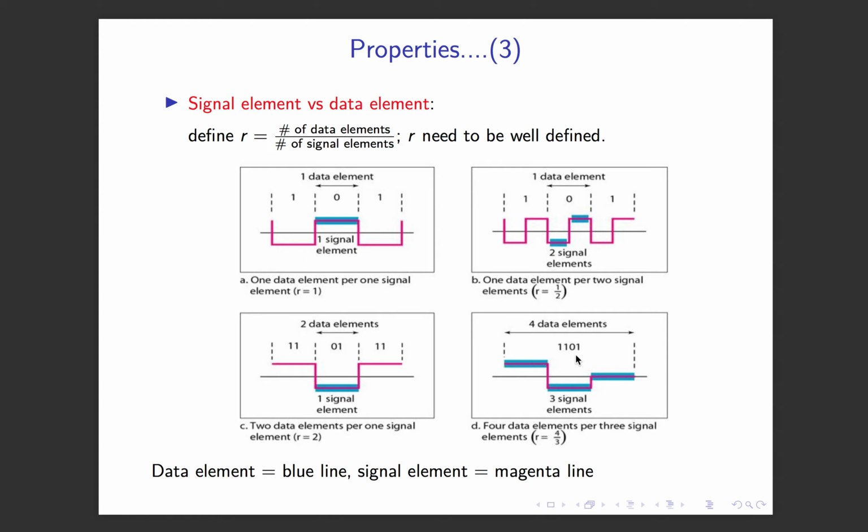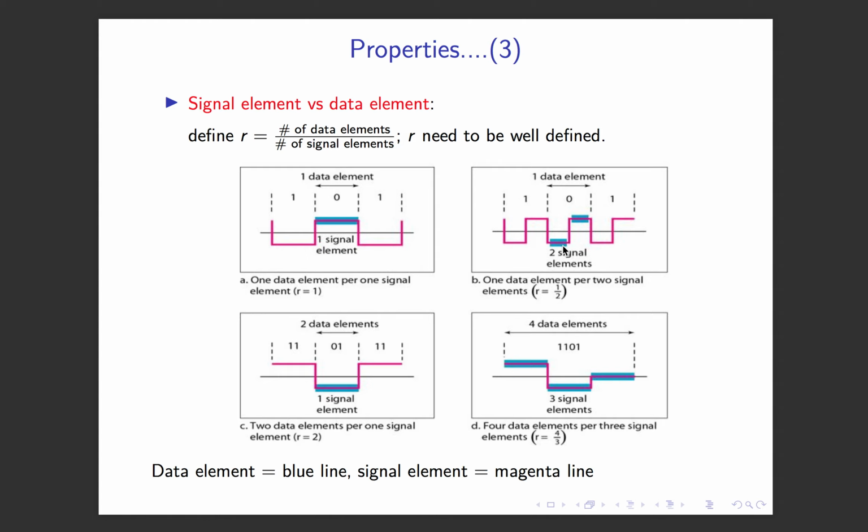So here is the question: how can we read this entire thing? If there is any problem with synchronization, say I'm sending one data element with two signal elements and it's translated into one data element per one signal element, then obviously we are going to get erroneous results.